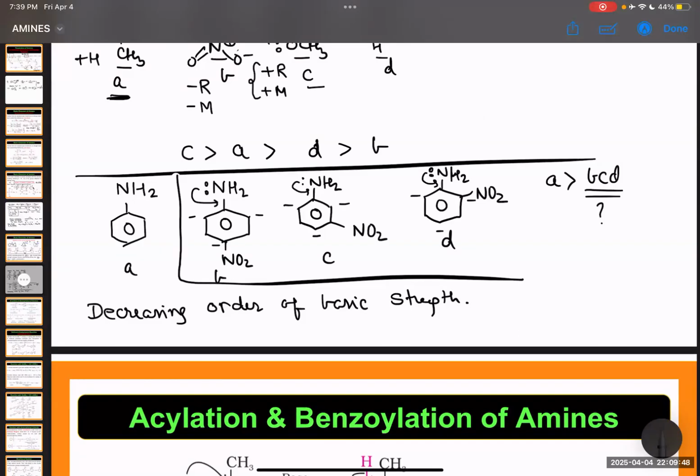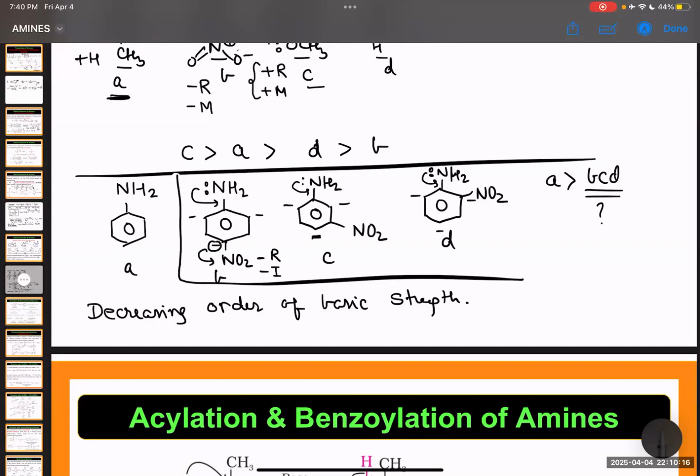But now what is the effect of NO2? NO2 will further take away this negative charge. So I should say the NO2 at ortho and para position can participate further in taking the electron pair, the lone pair. It will exert minus R or minus M, both are same, and minus I effect also.